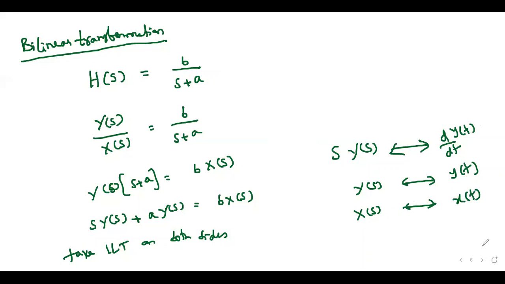Now, if I place this there, I can write it as d by dt of y(t) plus a into y(t), that is equal to b into x(t).